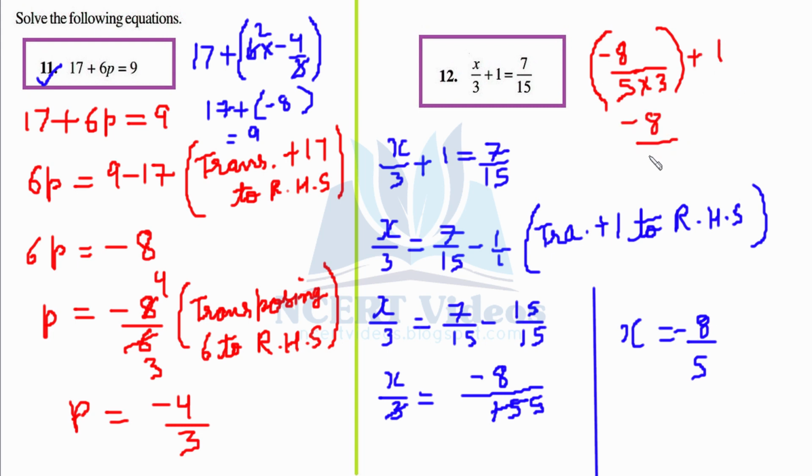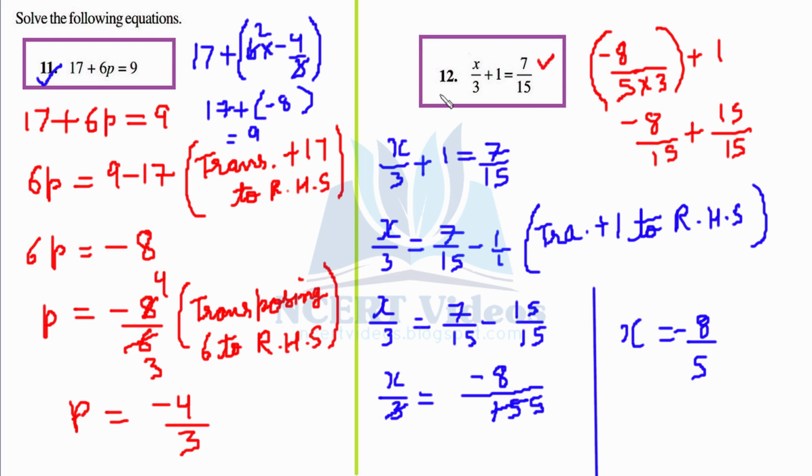Minus 8 over 15 plus 1 can be written as 15 over 15, because when you cancel it, you get 1 back. What is minus 8 plus 15? Signs are different, we subtract it. So it is 7, and sign comes of greater number. Here we have plus, so plus 7 over 15, and that matches with our RHS.